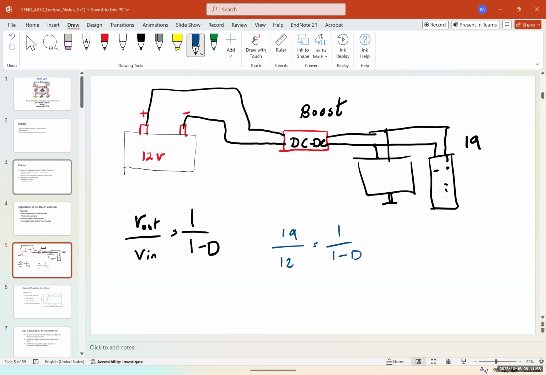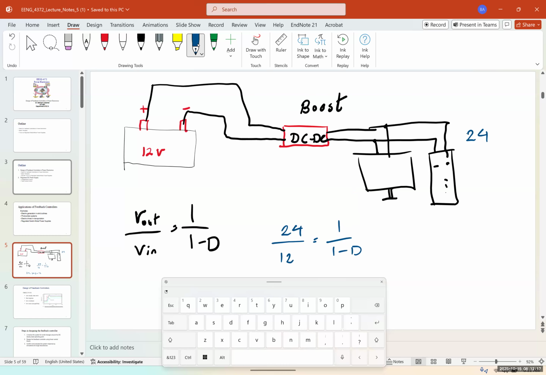For the purpose of making it easier, let's make this 24 volts. So 24 over 12. So it's going to be 24 minus 24D is equal to 12. Am I correct?